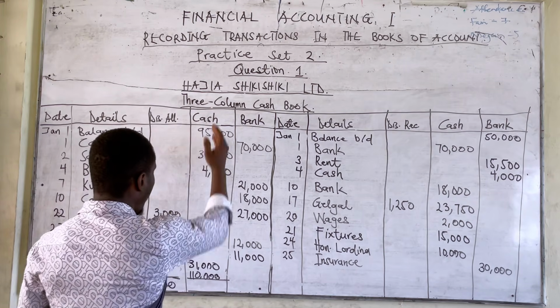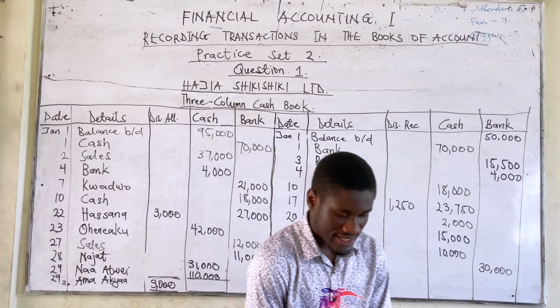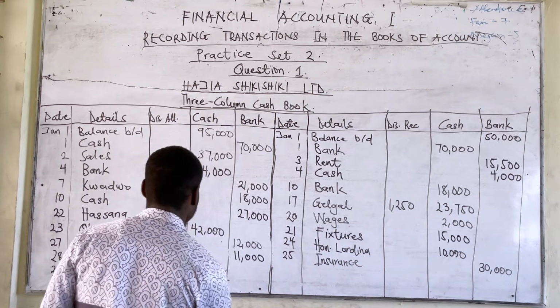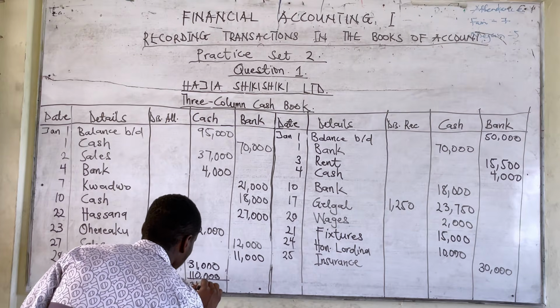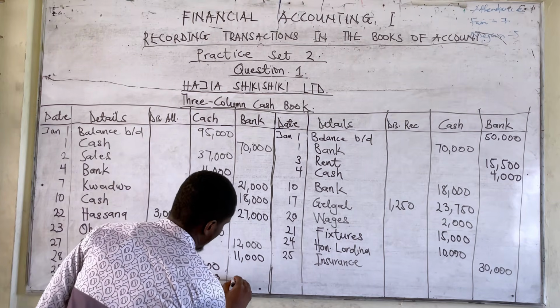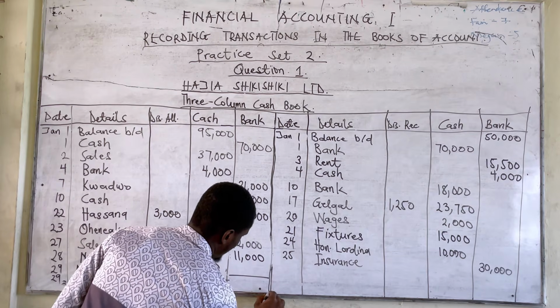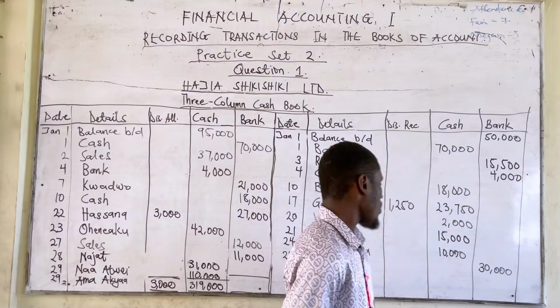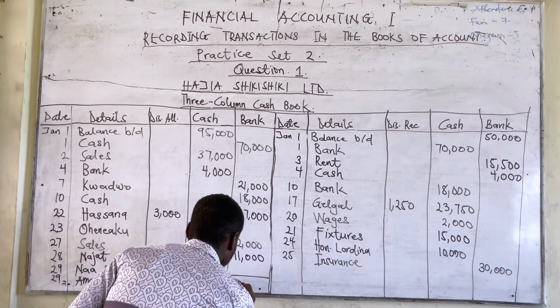Good. So when we add these together, we are going to get 319,000. When we add the bank together, we are going to get 159,000.